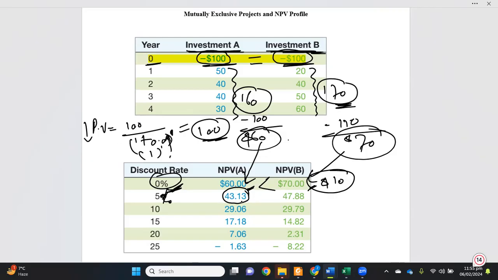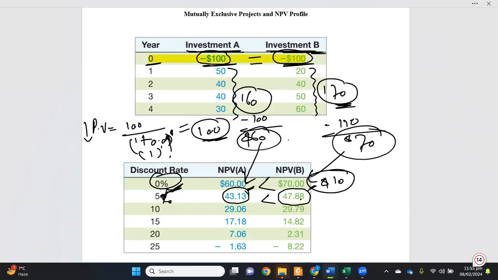NPV of B has decreased to $47. Still, NPV of A is less than NPV of B, so Project B is profitable at 5% and at 0%.